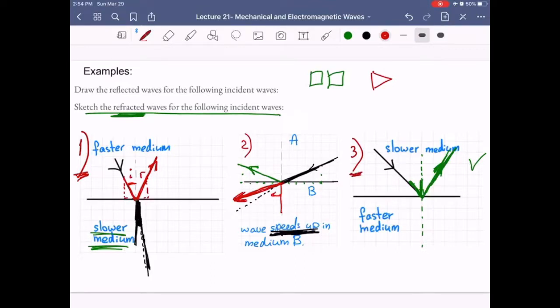And in the third one, again, we have this incident ray, and a reflected wave is here, and the refracted wave would bend away from the normal because it's a faster medium, meaning away from the normal. The normal is this, so this would happen without any bending, but bending away from the normal means this way.